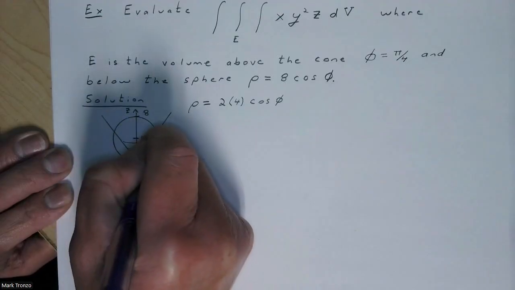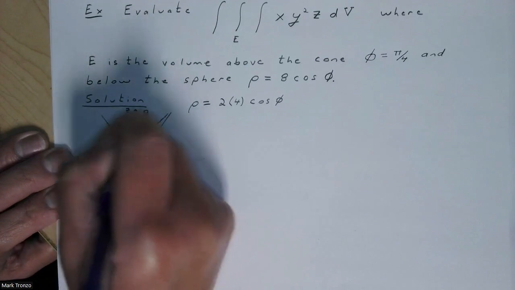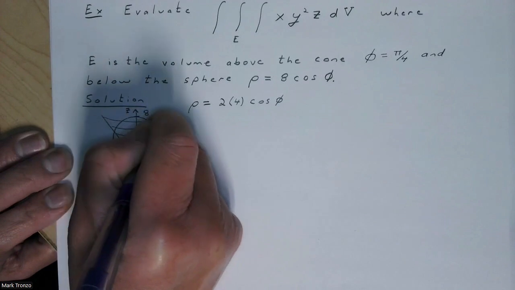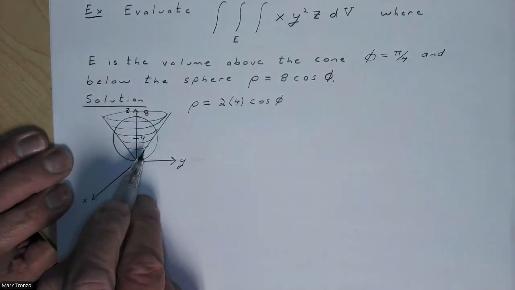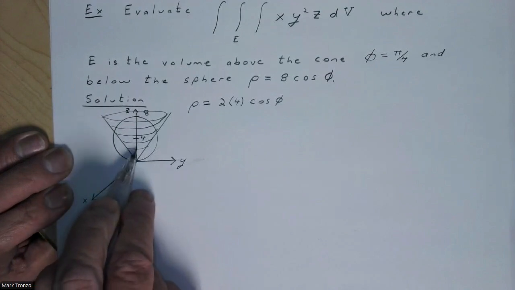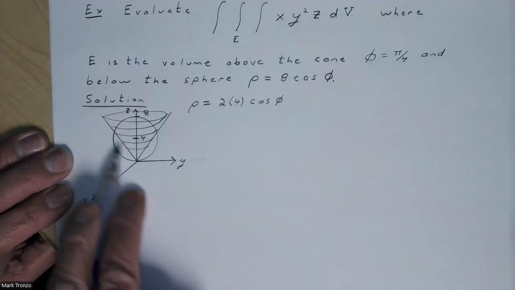So we're going to have a cone like this. And again, the sphere is inside. I'm not going to try to draw everything, with the curved lines here, but it wants above this cone and below the sphere.